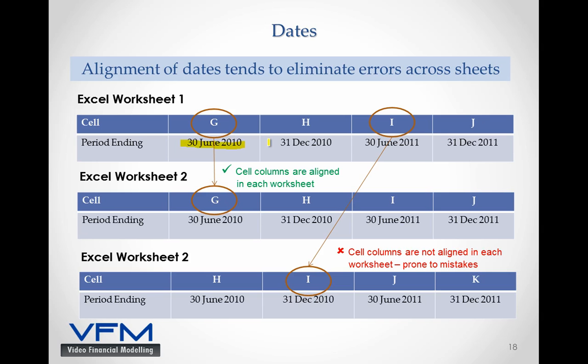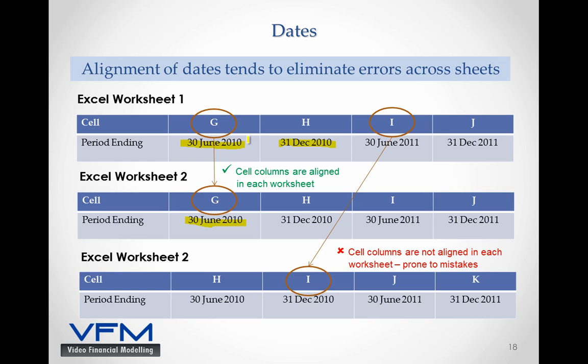Right, and then we have it going up in 6 monthly intervals. So the next one's 31st of December 2010. Now what we have in Excel worksheet 2, in that column G, is exactly the same period as we had in Excel worksheet 1.